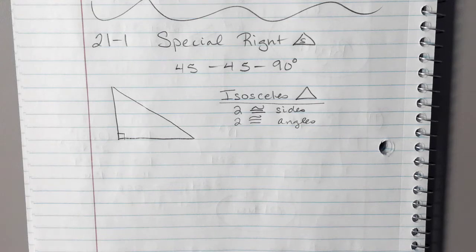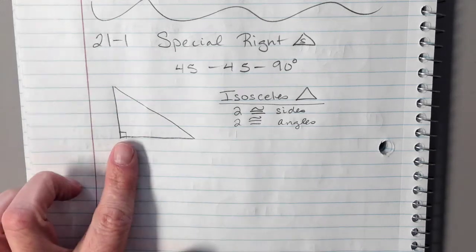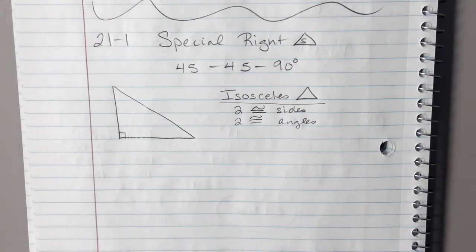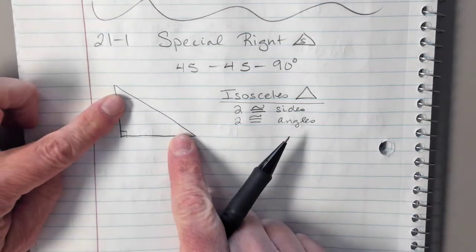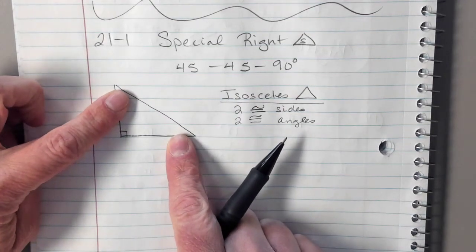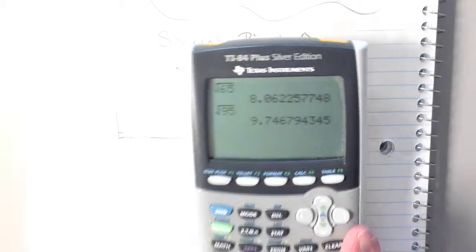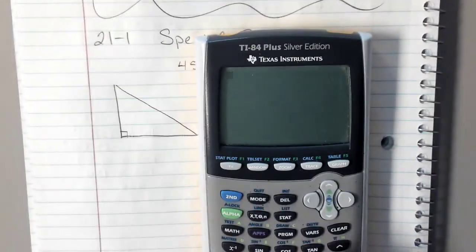So this special right triangle, it's a right triangle. I'm telling you that because I've got that right angle right here in the bottom left corner. And I'm also telling you that this triangle is isosceles. So that means that these 2 little angles, they have to be the same. So we need to go figure out how big those angles are.